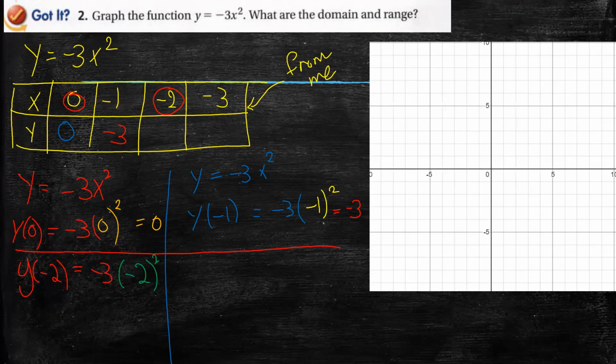Don't forget the order of operations: exponents are the priority, then the multiplication. Now, negative 2 squared is what? Positive 4. Times negative 3 is negative 12. So here the y value is negative 12.